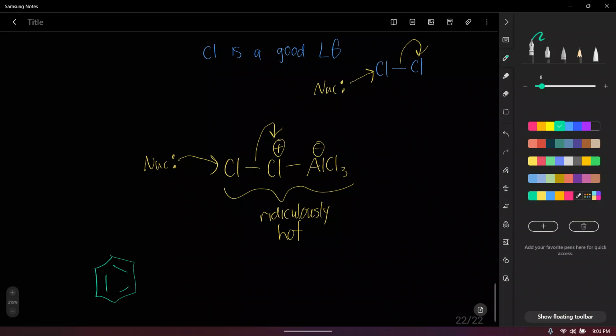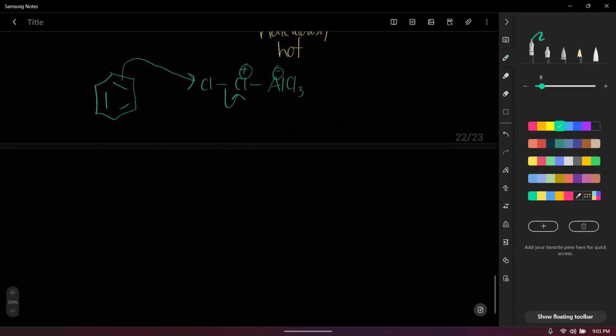Okay. So step 1 was forming that hot electrophile. Now step 2 is benzene is going to attack. So nucleophile attacks electrophile, leaving group leaves. Right? So we're now on step 2 of the reaction, and when that happens, that gets me to here.